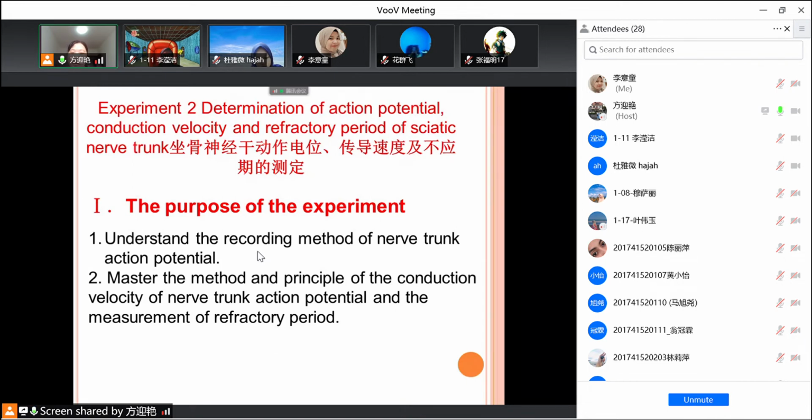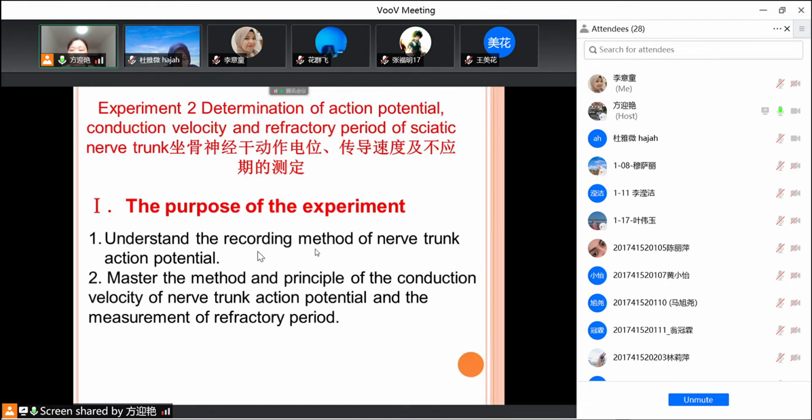The purpose of experiment 2: first, understand the method of recording the action potential of the nerve tract. A nerve tract is like a bunch of nerve fibers. When we studied the action potential, we inserted an electrode into the neurons or nerve fibers to know the action potential wave.